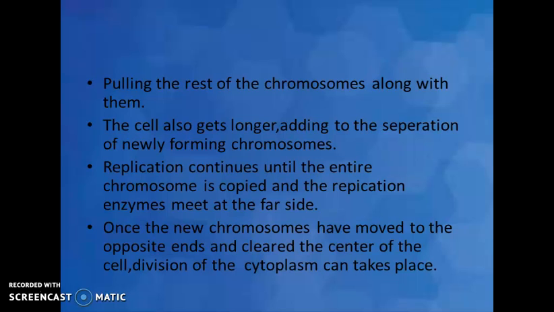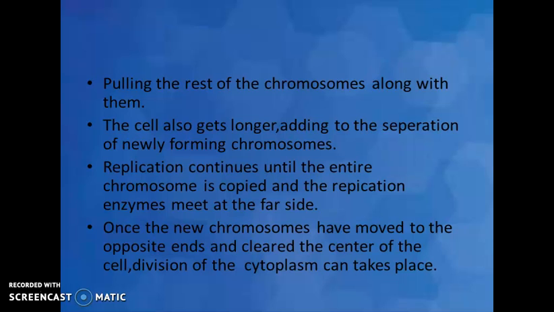The cell also gets longer, adding to the separation of the newly formed chromosomes. The replication continues until the entire chromosome is copied, and the replication enzymes meet at the far side.